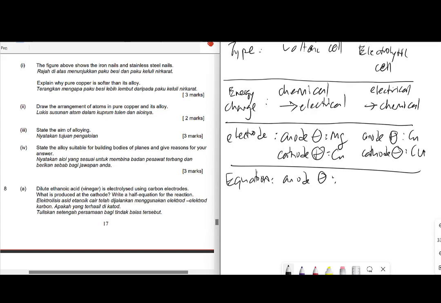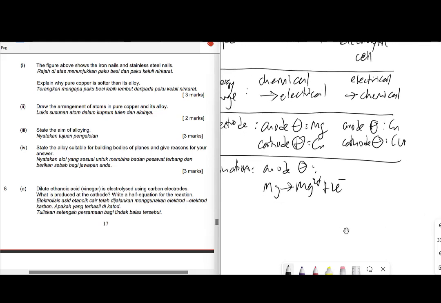Remember this principle, we call it AN OX: anode must be oxidation. So what is the anode there? Magnesium. Magnesium will oxidize and form magnesium 2+, producing 2 electrons. So this is what happens at the anode. Next, what happens at the cathode?